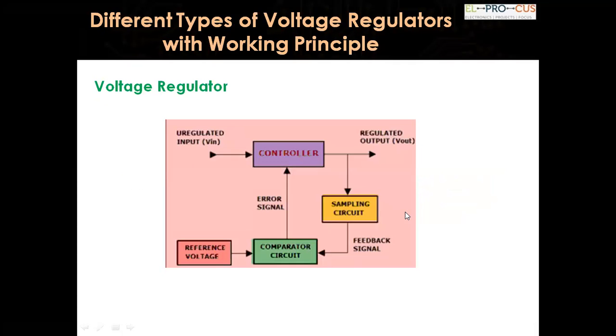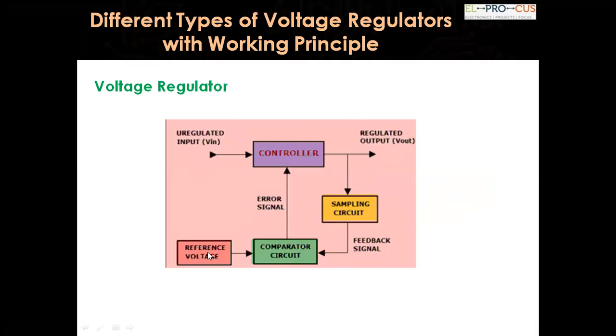Now the block diagram of the voltage regulator. You can see here, this is the block diagram we have already seen. Just see what we are doing here. We are giving the unregulated voltage, and we convert it into a regulated voltage by using the comparator circuit, which compares our feedback output voltage with the reference voltage.